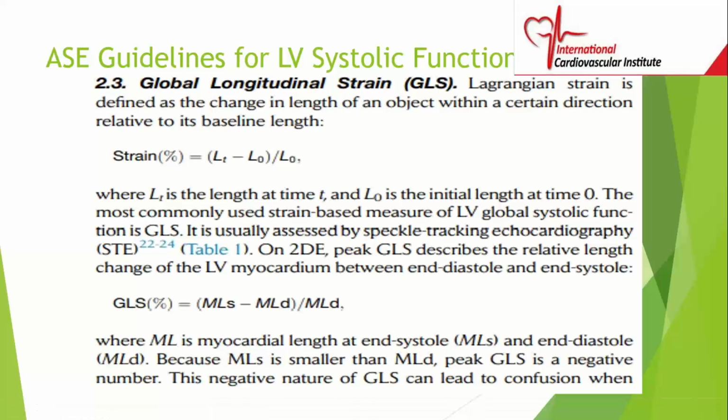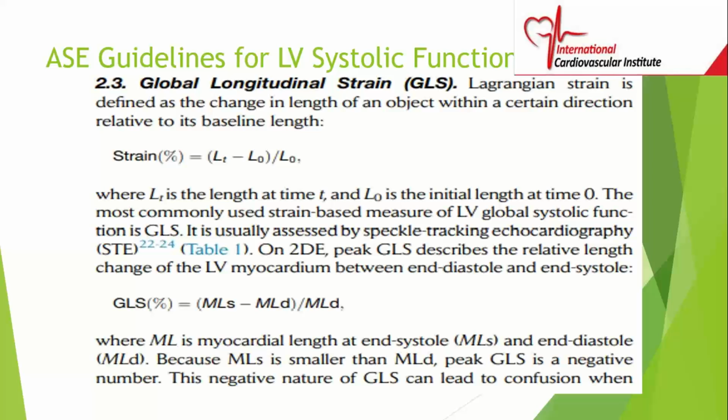So we'll continue with the guidelines for LV systolic function, and this is the most current guideline. We spoke about strain, and we define strain as the percentage change in length.